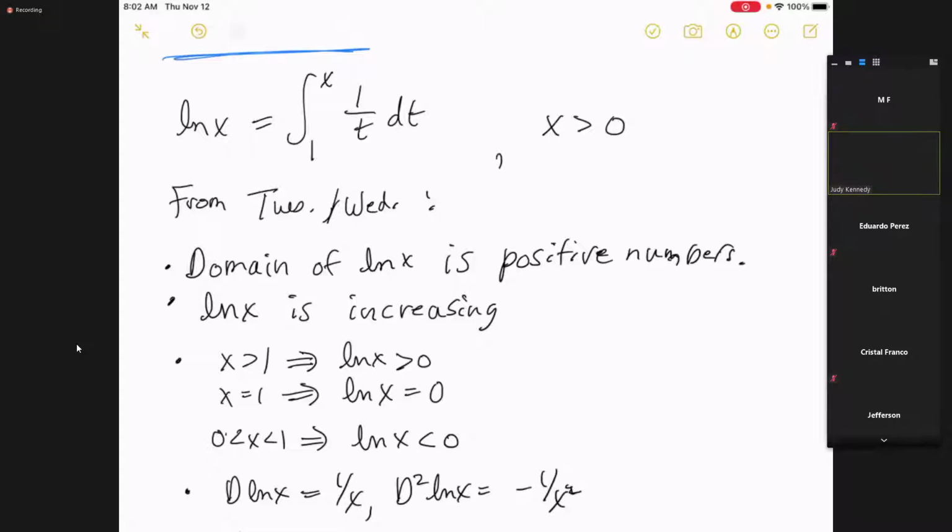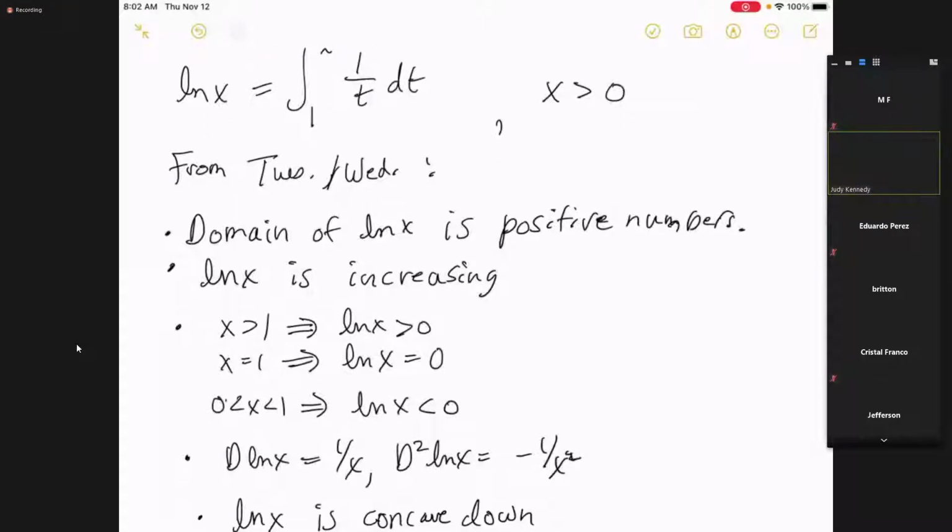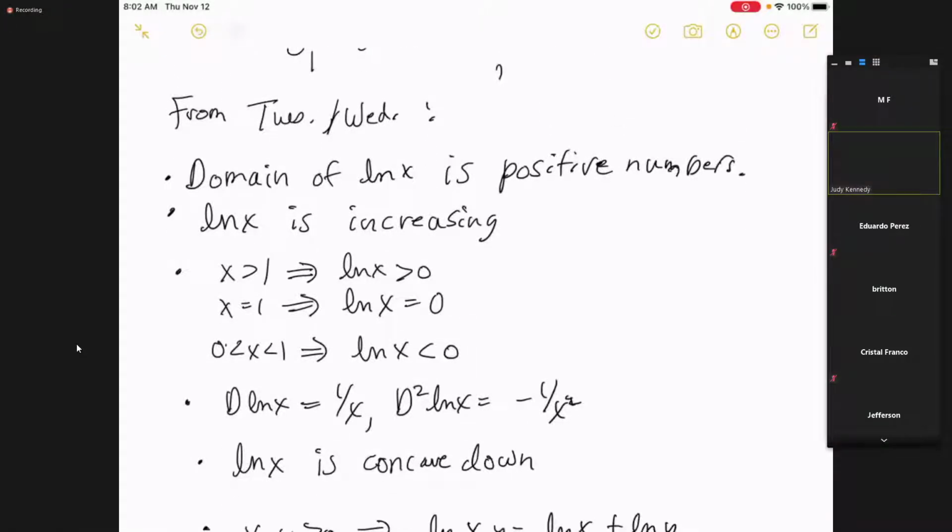We know that it's increasing. When x is greater than 1, the natural log of x is greater than 0. If x is equal to 1, the natural log of x is equal to 0. And for a positive number between 0 and 1, the natural log of x is less than 0.